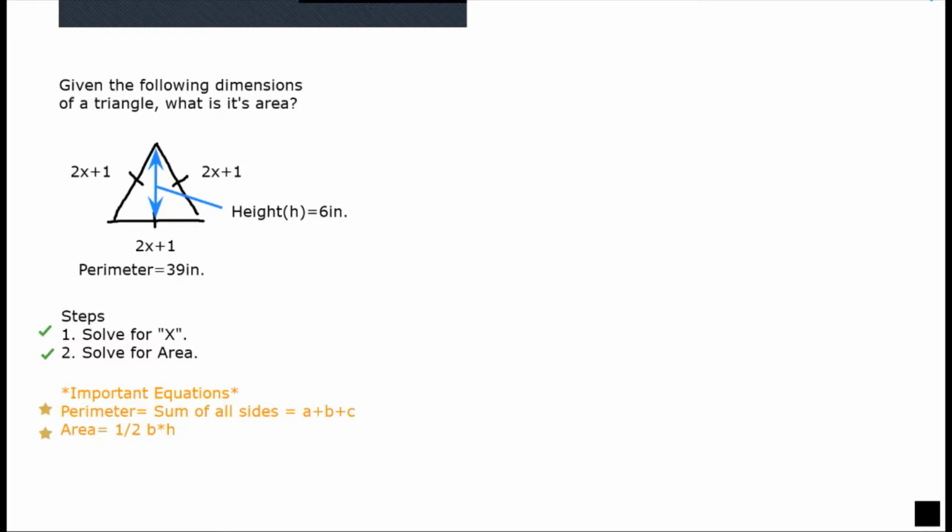Well, we are going to use the perimeter. It tells us that the perimeter is 39 inches. Now what is the perimeter? Just by looking at this triangle, you'll see that each of its sides are the same, and we call this an equilateral triangle.